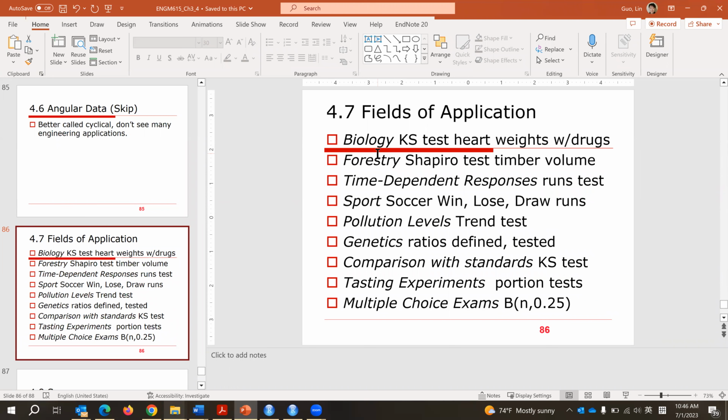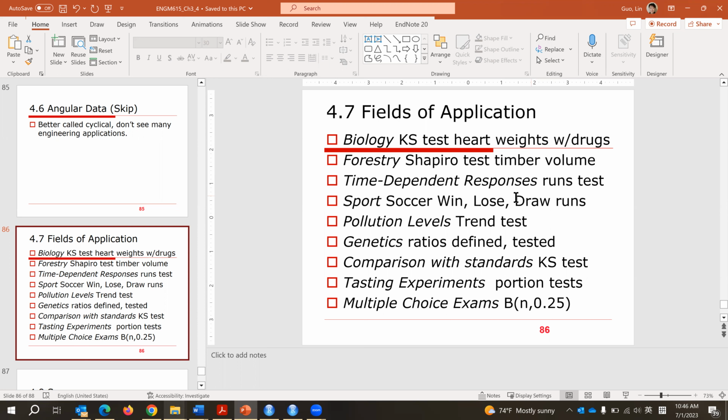The applications: biology, KS test, heart weights with or without drugs. And forestry, Shapiro test, timber volume. And for the randomness test, there are a lot of applications. For example, time-dependent responses, coin tossing, or any binomial distributed data set, we can use the randomness test.